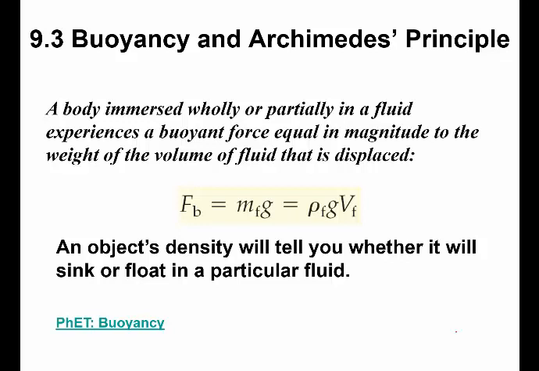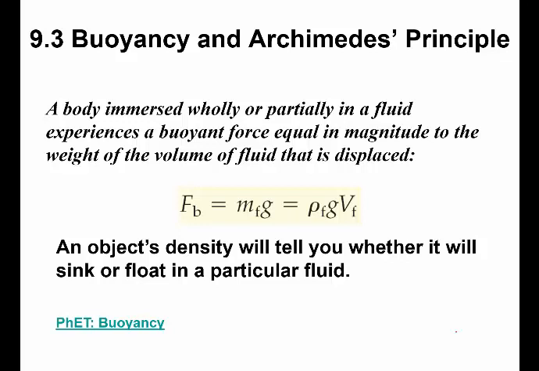If we've put this body in this fluid, then it's experiencing a buoyant force, and that buoyant force is equal in magnitude to the weight of the fluid that is displaced.